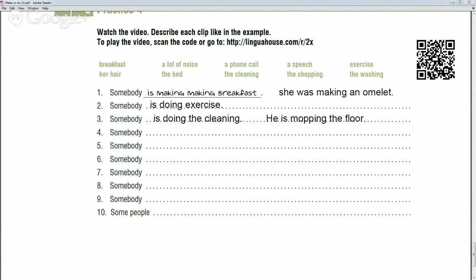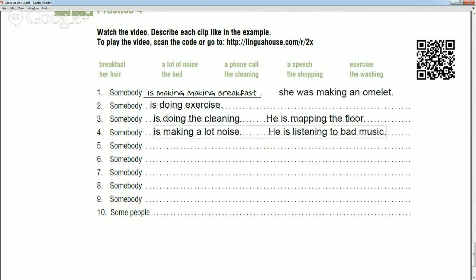Somebody is making a lot of noise. Yes, somebody is making a lot of noise. Or we can say she or he is listening to bad music. At least I didn't think it was very good.